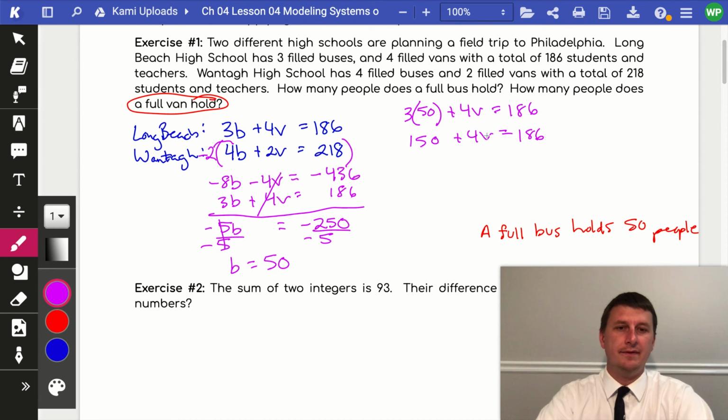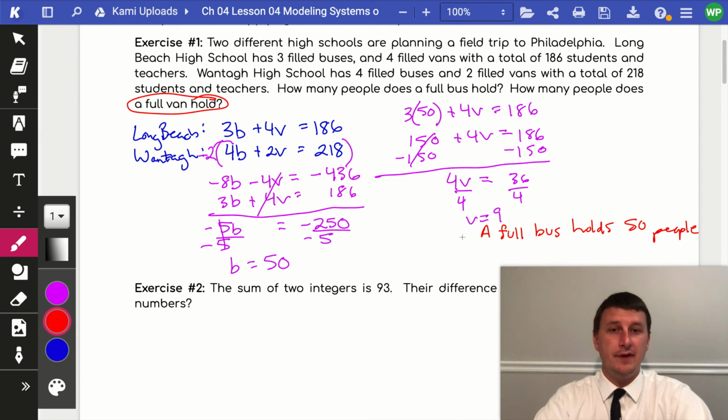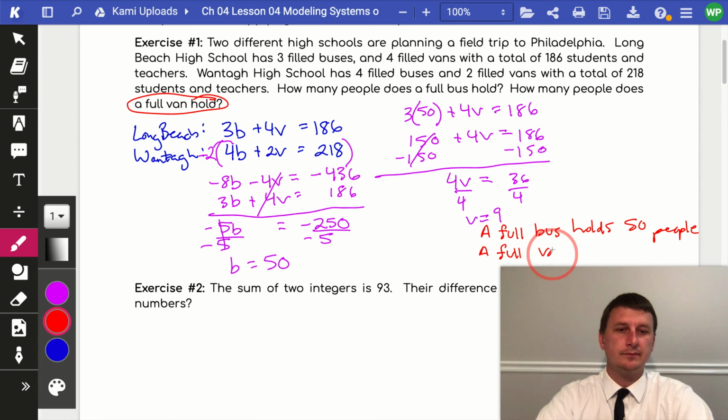To isolate v, I'm going to first subtract 150 from both sides. And I will have 4v is equal to 36. Finally, I will divide by 4 to isolate v, and I will get v is equal to 9, which means that a full van holds 9 people.